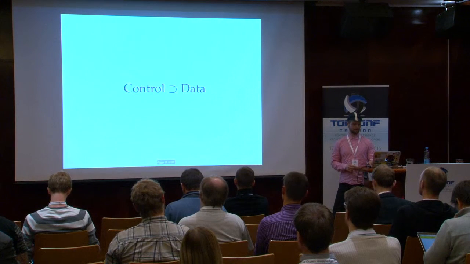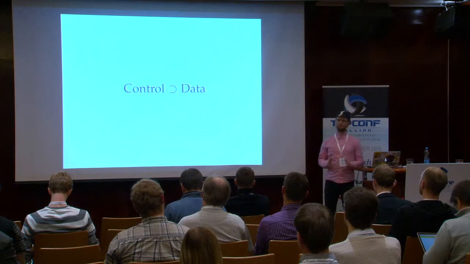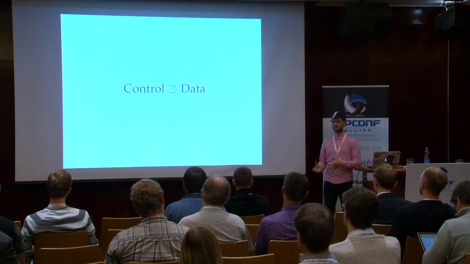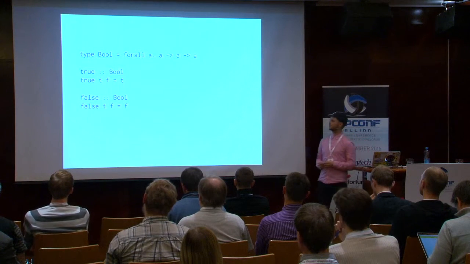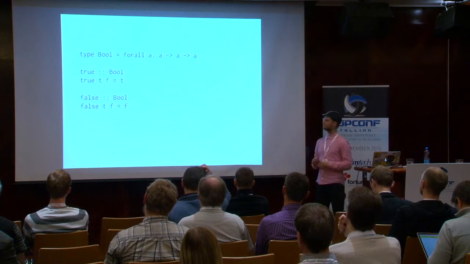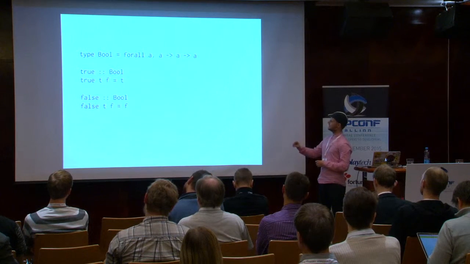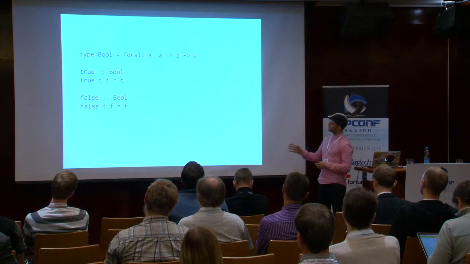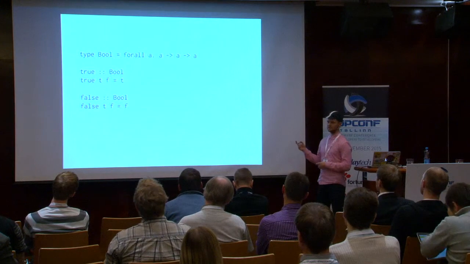Okay, and one point is that control abstractions are more powerful than data abstractions. Because, for example, in Haskell, we could say that Booleans are functions which take two parameters of the same type and return a value of the same type.